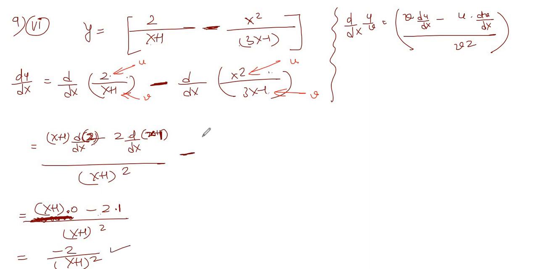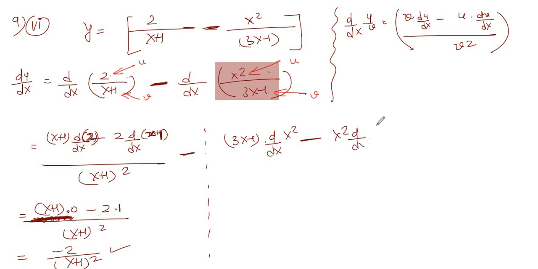Now let me do the second part here. So we are doing this part now. Okay, so it will be 3x minus 1 into d by dx of x square, because this is v and this is u, minus u as it is, d by dx of 3x minus 1 by 3x minus 1 square.